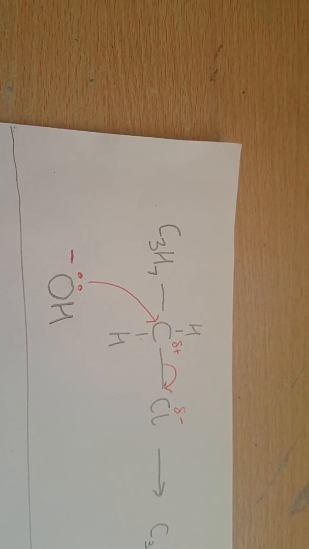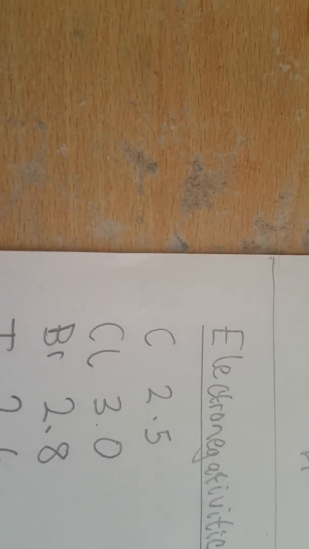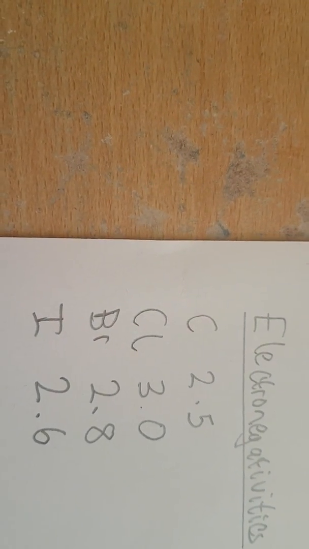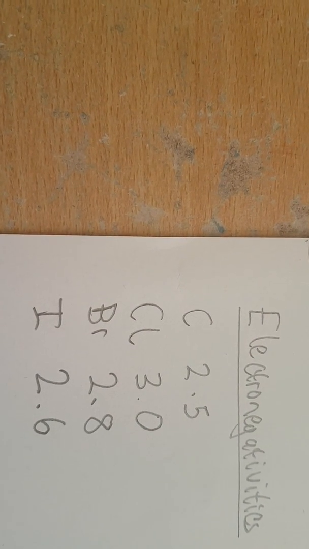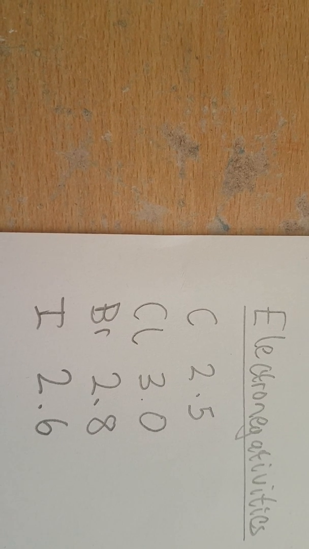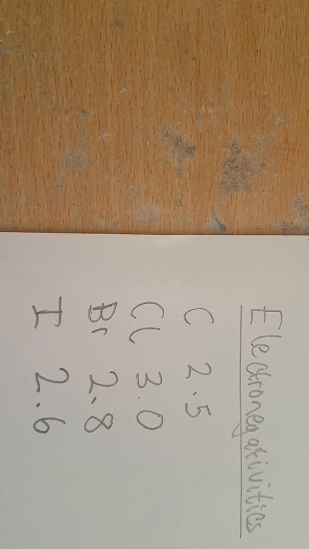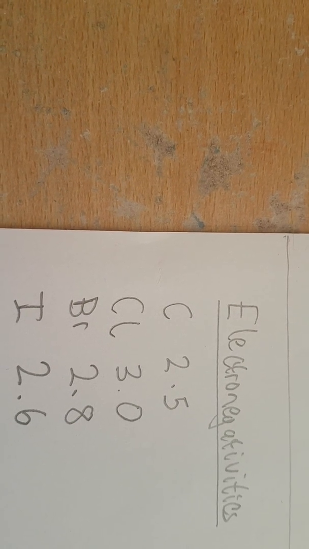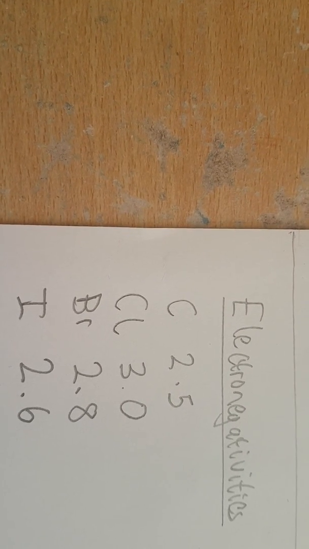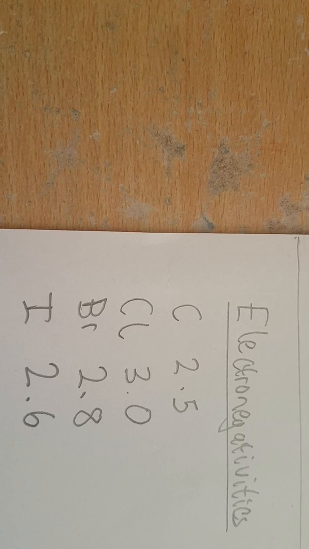In fact, the size of the positive charge in chlorobutane will be higher than in the other two. Obviously, iodobutane will have the weakest or smallest positive charge.